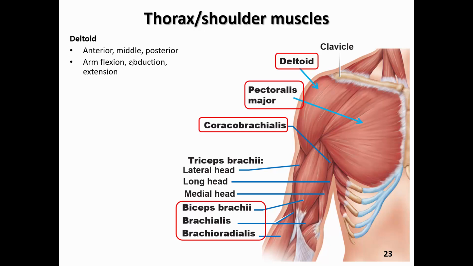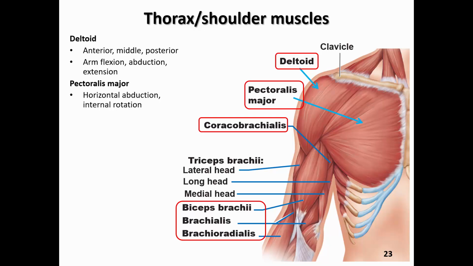When the middle portion is active, it will abduct the arm, which is to move the arm upward in the frontal plane, and arm extension generated by the posterior portion of the deltoid would move the arm in a posterior direction, and that would occur in the sagittal plane.